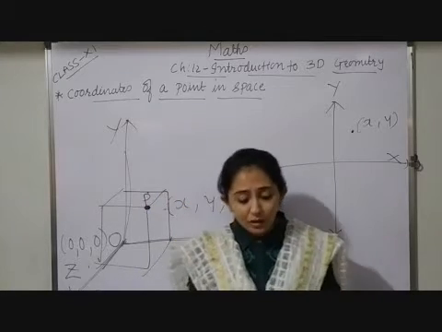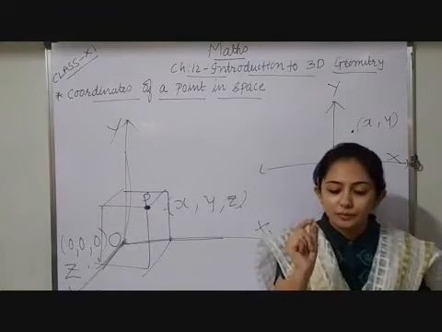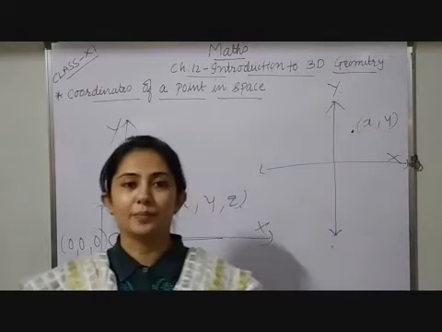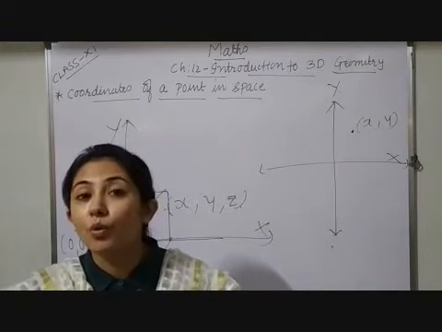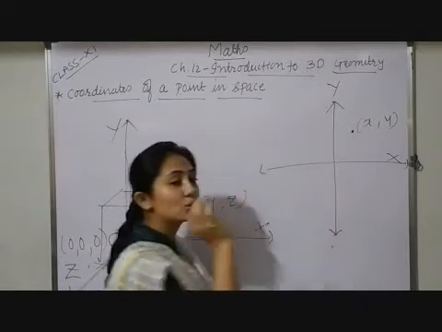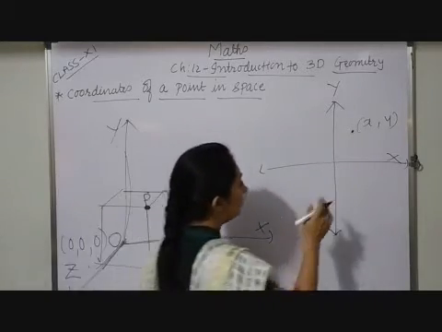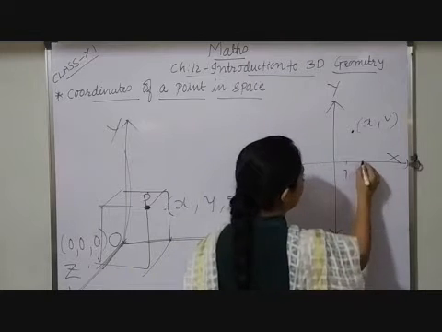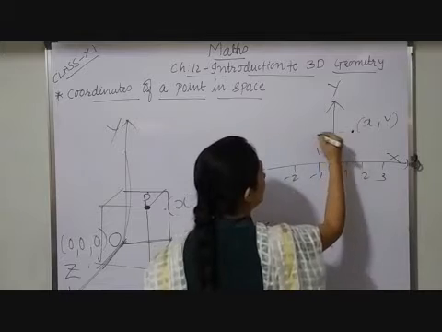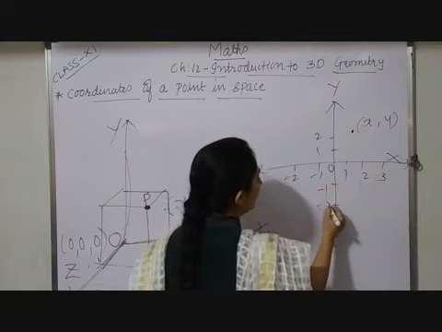Now in a 2D geometry, your two axes are dividing the plane into four equal quadrants. Each part we are knowing as quadrant. So here we are obviously positive points are there, 1 2 3. Here negative points, here also positive points, and here negative points.